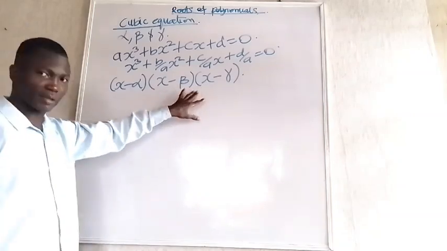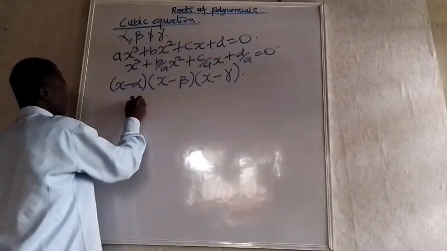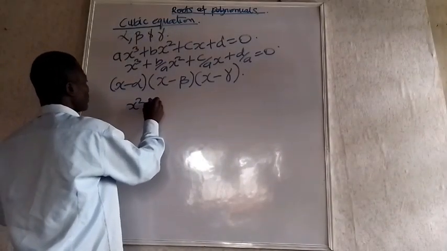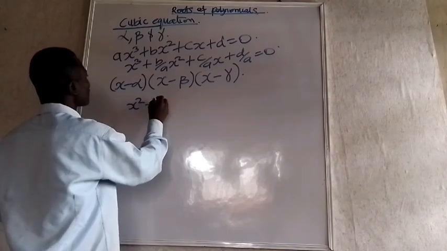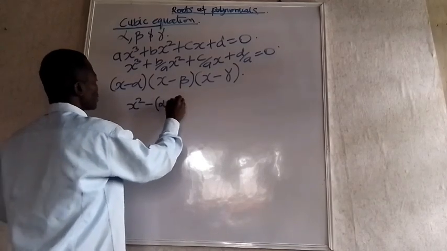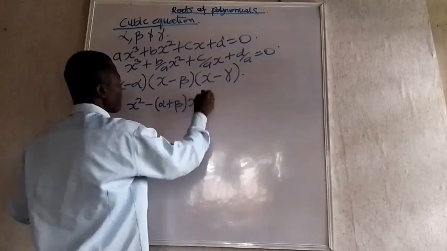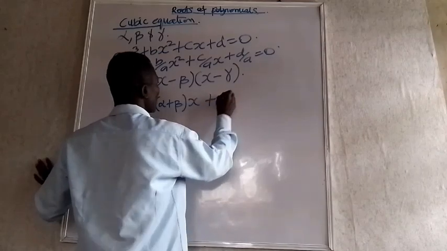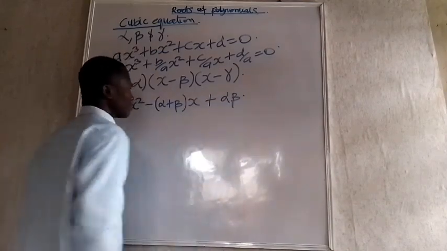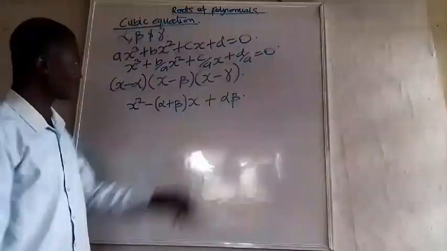We know the product of the first two as x squared minus alpha plus beta x plus alpha beta. Now let's multiply it with this.